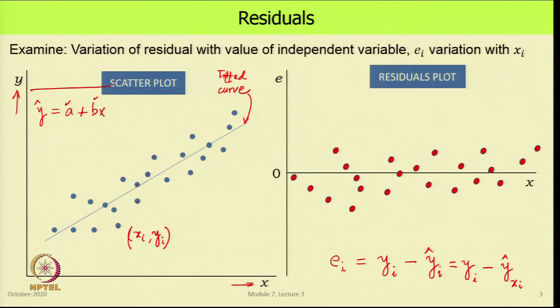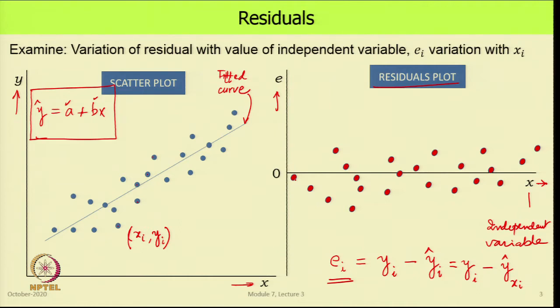So, when we just look at this and have no information of how the data came about, there are situations where we could be in trouble. So, what we do is we make the residuals plot, shown here on the right side. On the x axis, we are still plotting the independent variable, but on the y axis now we are plotting the residual e, which came from this relation.